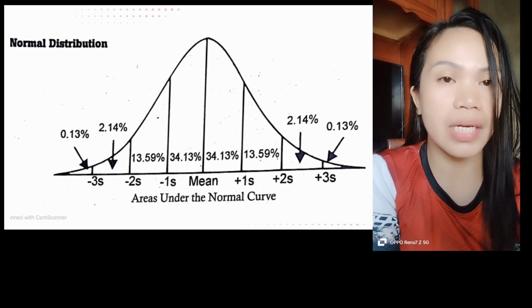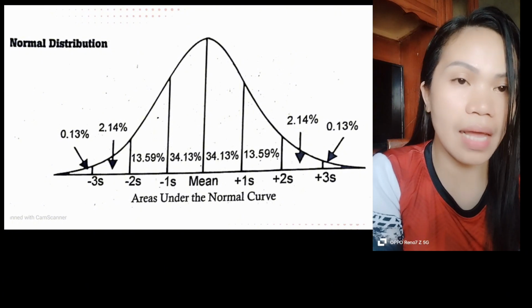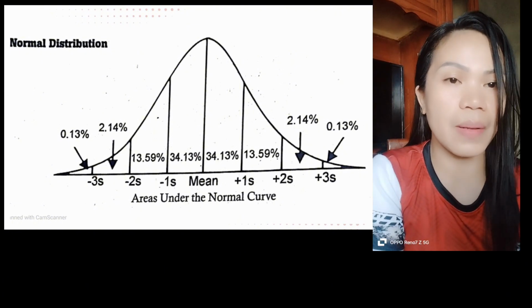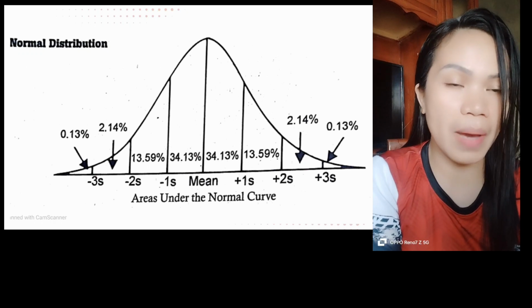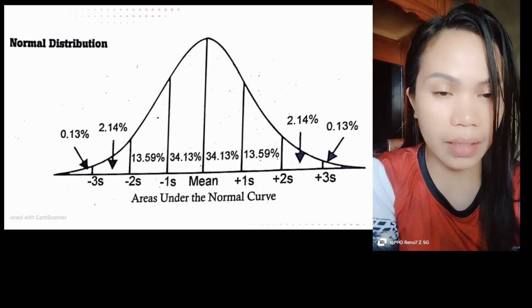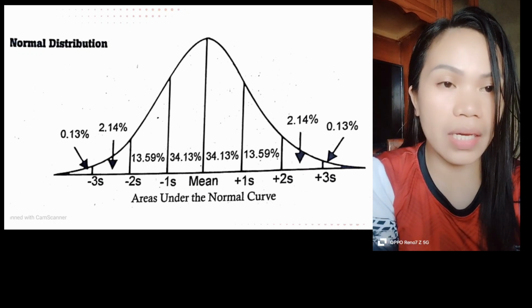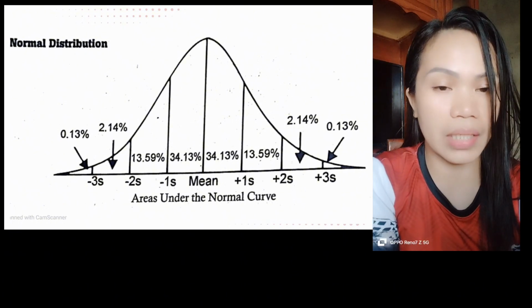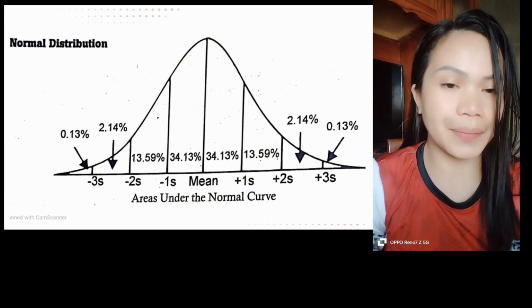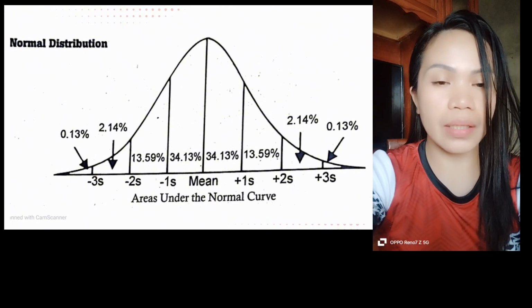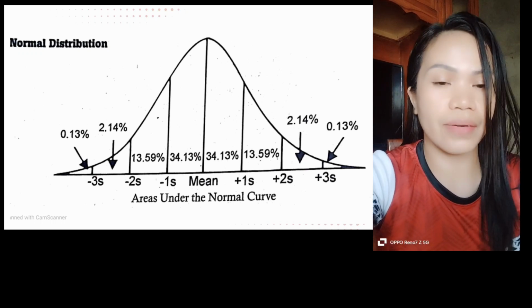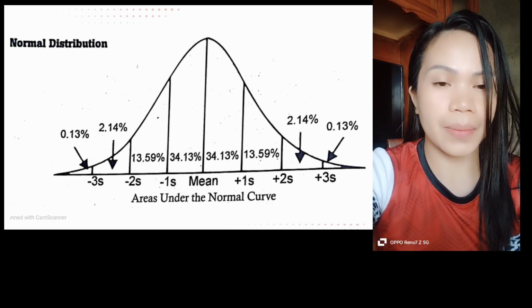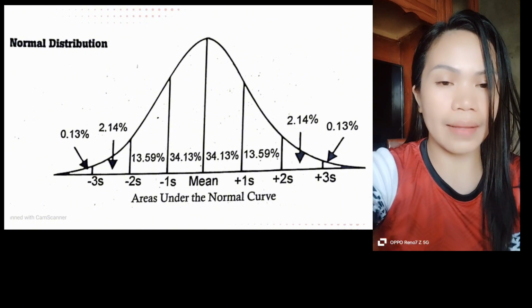So there are still scores beyond positive and negative 4 standard deviations from the mean, which is equal to 0.02%, to make the area under the normal curve equal to 100%. So that was the normal distribution. So I guess that would be all, and thank you so much.